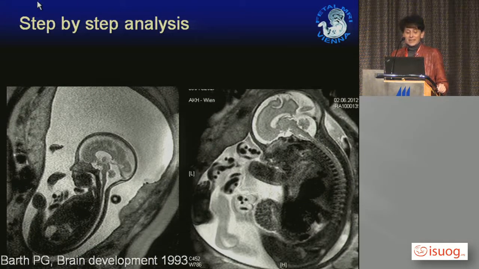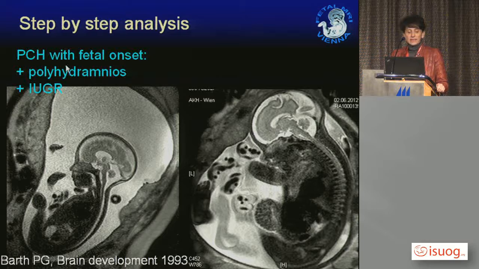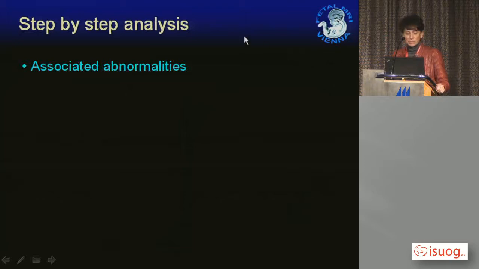And to date, it was hardly possible to do this diagnosis prenatally, but this fetus, in comparison with this normal one, fulfills three facts that you should see. It is polyhydramnios in addition to pontocerebellar hypoplasia and IUGR compared with this fetus, and so you might suspect this is a hereditary or a mutation, a pontocerebellar hypoplasia with a genetical background.